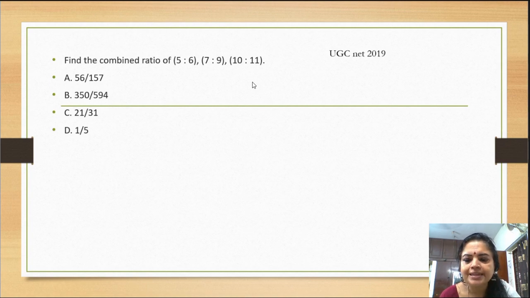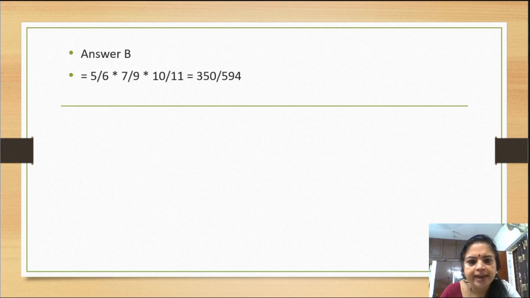Combined ratio is expressed as one ratio multiplied by the second ratio, similarly the third ratio. So here we are given 3 ratios. So the combined ratio will be 5/6 into 7/9 into 10/11. As you can see, this is a very easy question which was asked for 2019.